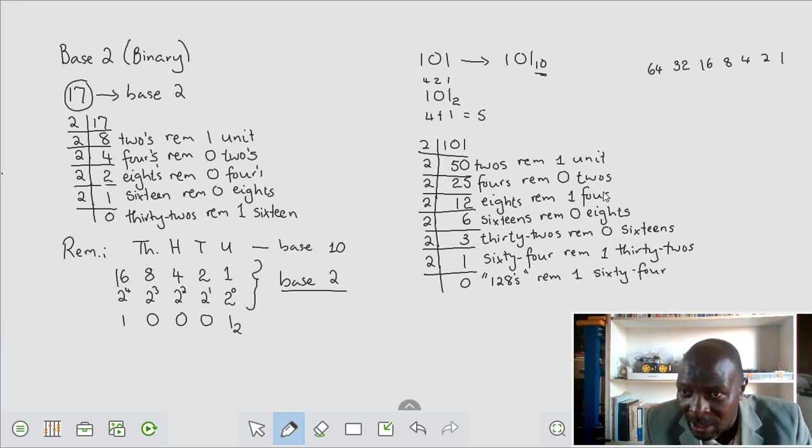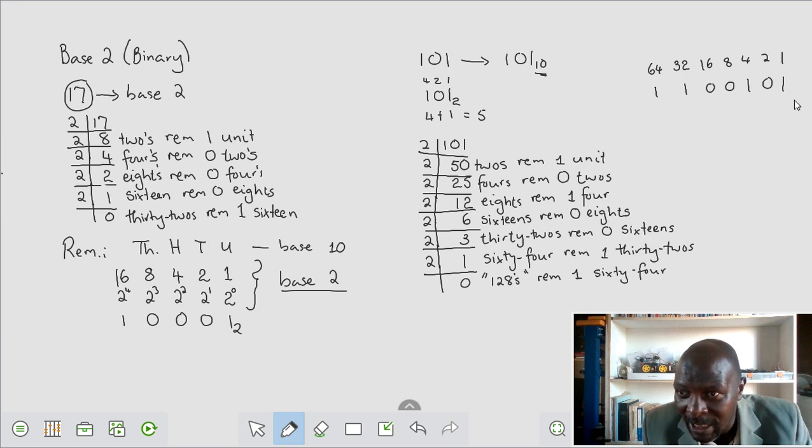So now if we have a number like that, we know we have 1 64, we have 1 32, we have no 16s, no 8s, we have 1 4, we have no 2s, and we have 1 unit.